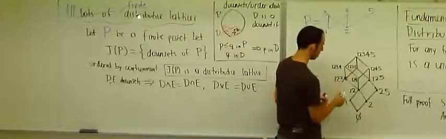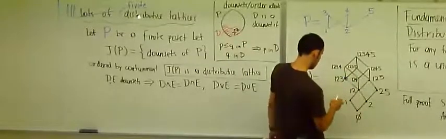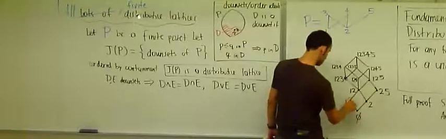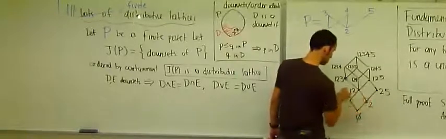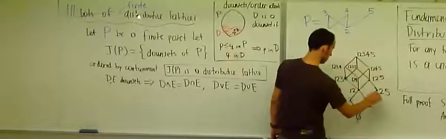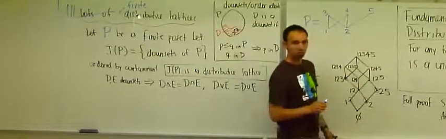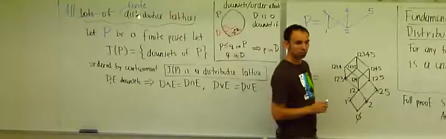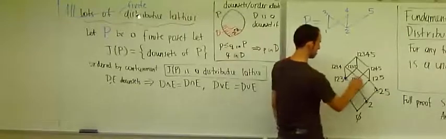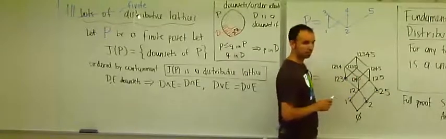And so it's an easy exercise to show that these two conditions are equivalent, but maybe it's easier to check the second one. So which elements here have exactly one element below them? I mean, directly below them. 1, 2, 2, 5. Anything else? 1, 2, 4. And that's it. Okay.